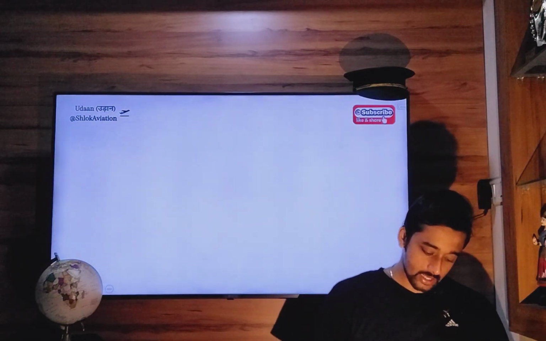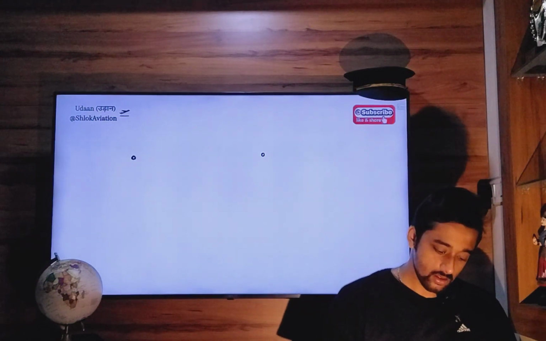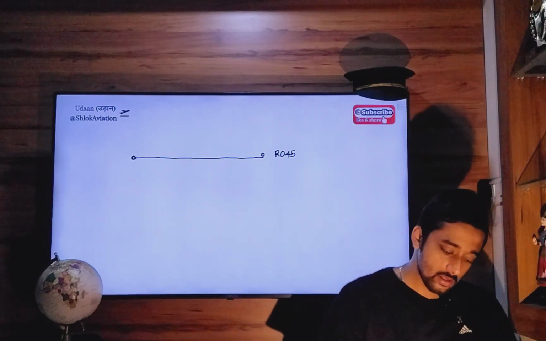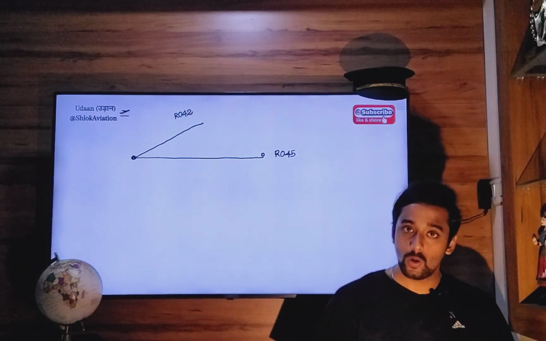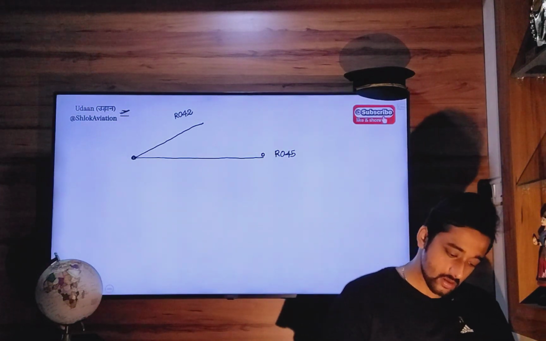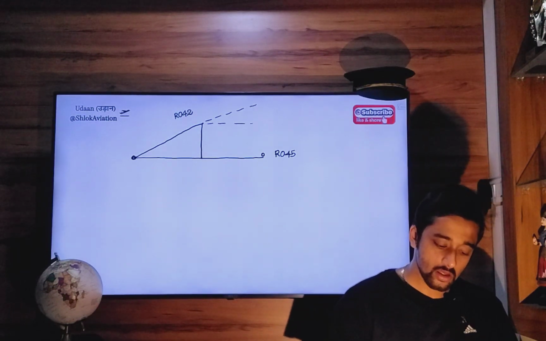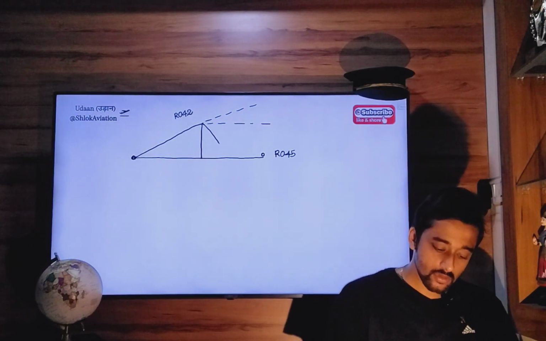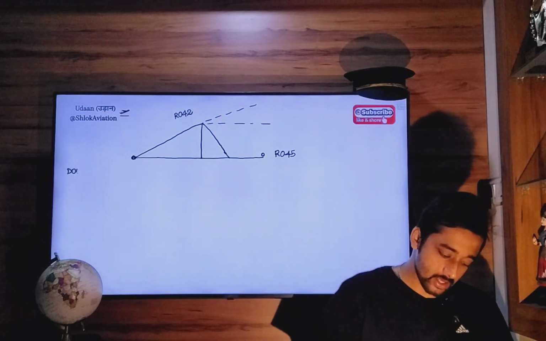So we will do it like this. Radial 045, radial 042. Now we have to stop this deviation, so we will use the double the track error method.